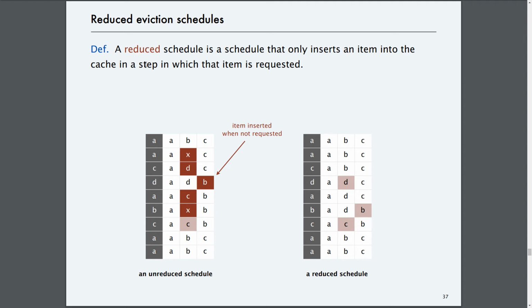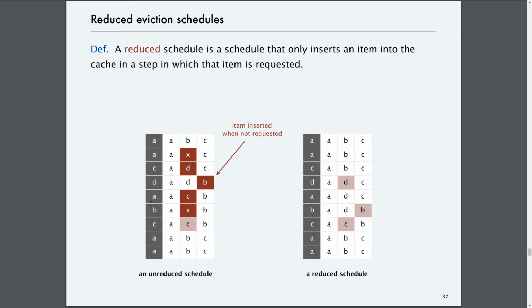So we'll call it a reduced schedule, where we only insert an item into the cache when it is requested. So if you look here, we're inserting B into the cache at this step, but D was requested.